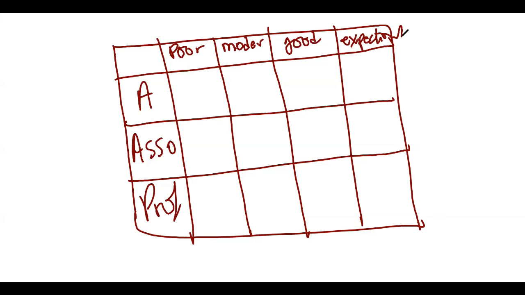Nowadays most companies divide their employees into these 4 categories. In case of poor performance, they decrease the salary. In moderate, they keep the salary the same. In good performance, they provide one increment, and in exceptional performance, they provide more increment.